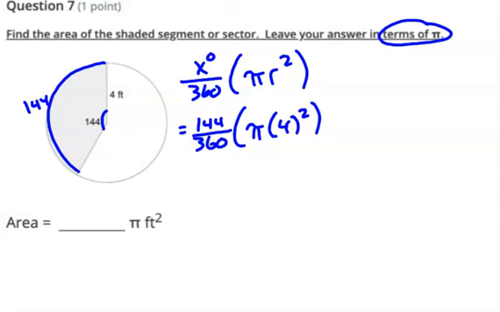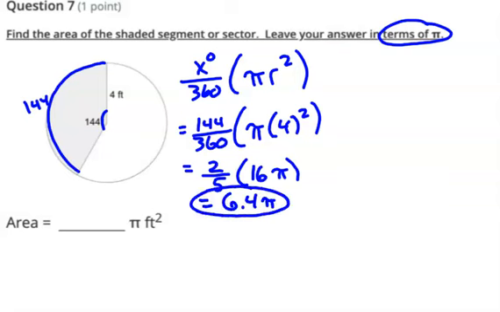So 144 out of 360, that simplifies down nicely all the way to 2/5. 4 squared is 16, so this is 2/5 of 16 pi, and don't be worried if your answers end up being decimals in front of the pi. 2/5 of 16 is 6.4. So 6.4 times pi is that answer, square feet.